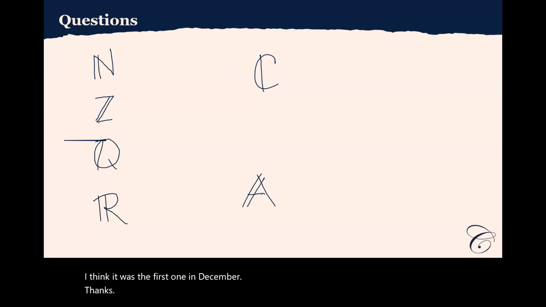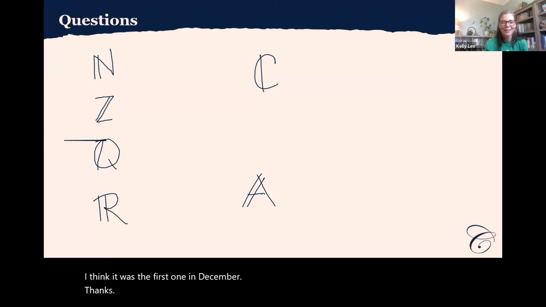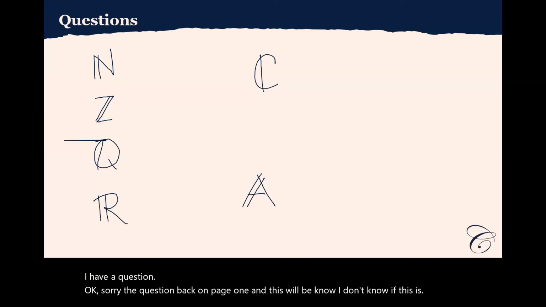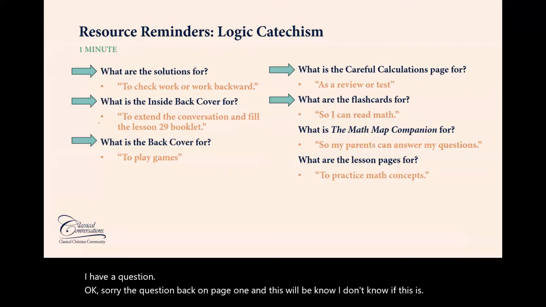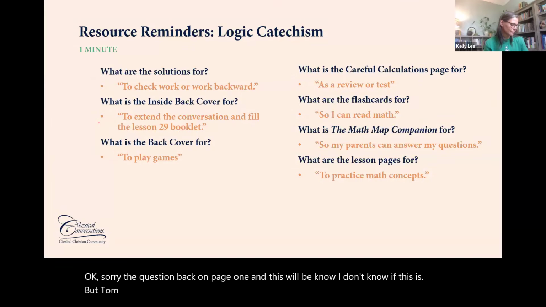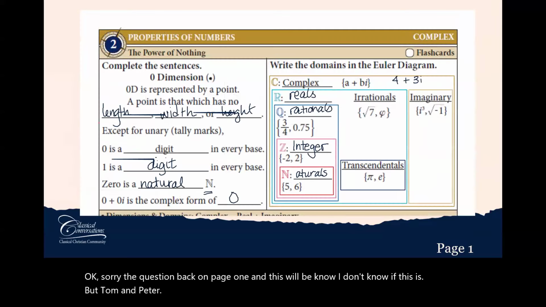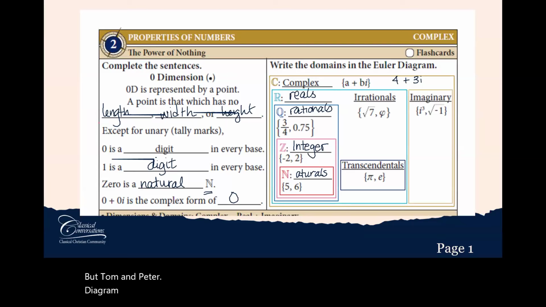I have a question. Oh, sorry, go ahead. Okay, I have a question back on page 1, at the top right, where it says write the domains in the Euler diagram. In the irrationals, we're showing square root of 7 as irrational and phi, the golden ratio.